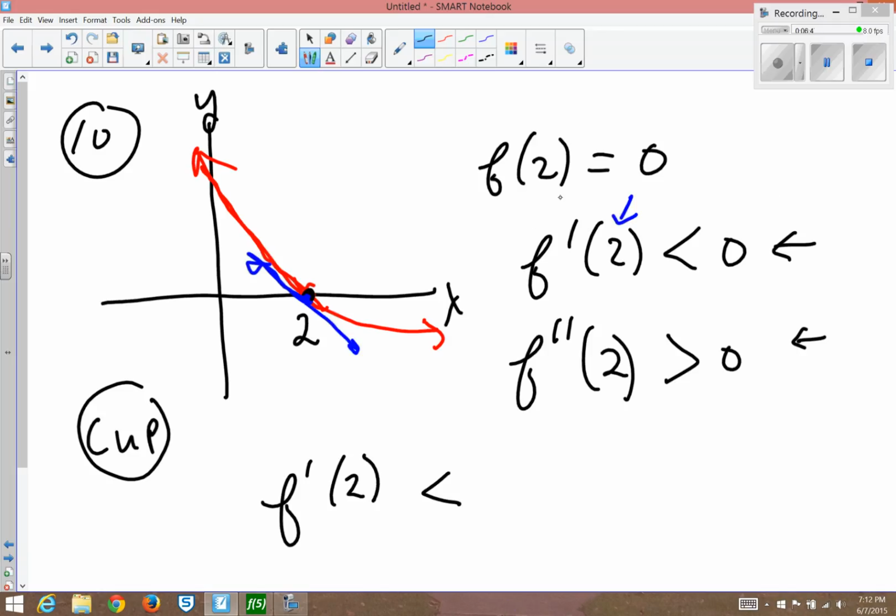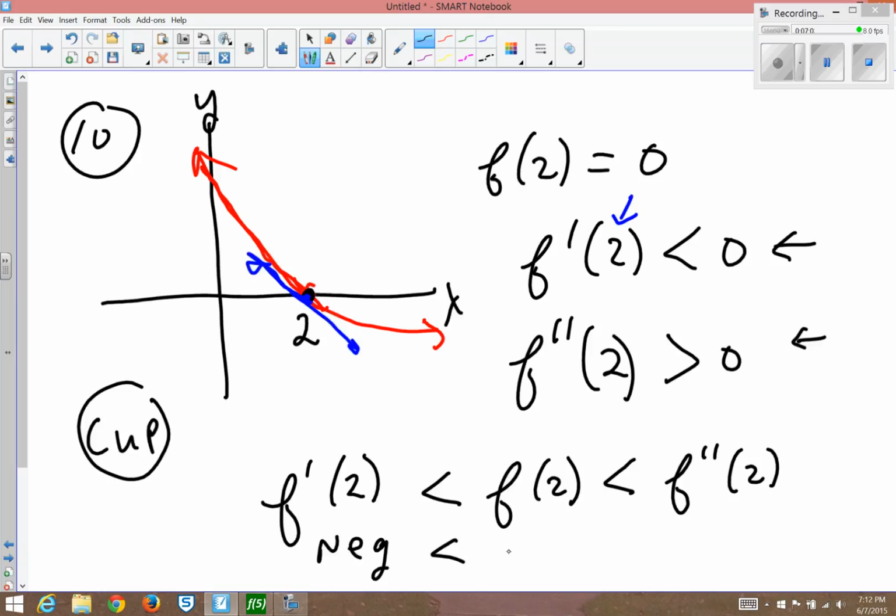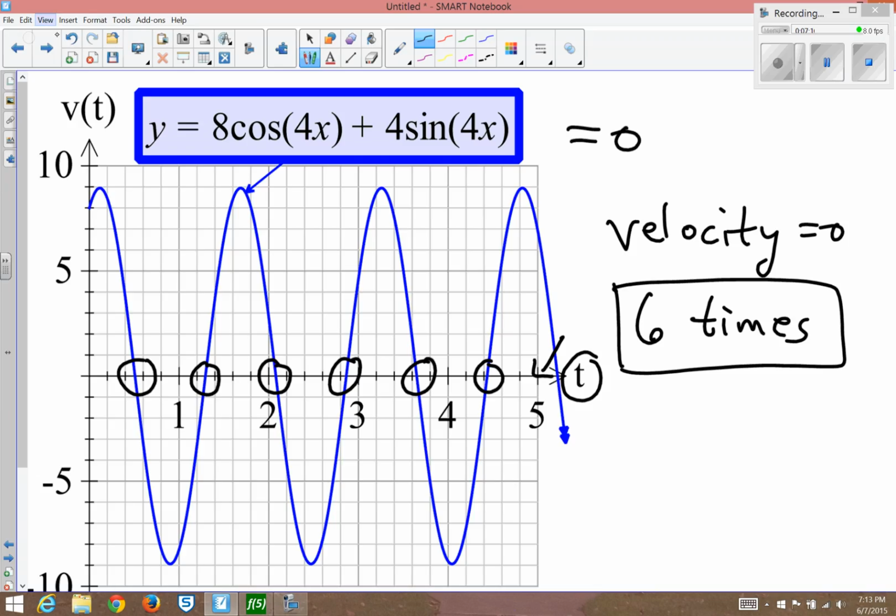A negative number is less than 0, which is less than f double prime because that's a positive number. Any negative number will be less than 0, and 0 is less than any positive number. This is why we picked choice C. This is choice C right here. Next one is number 35.